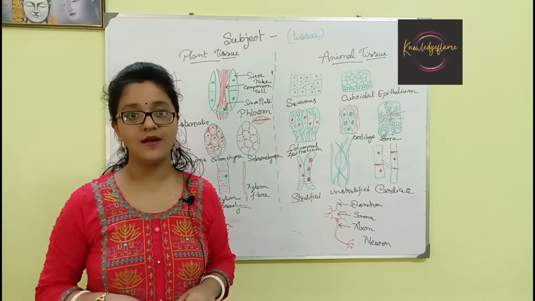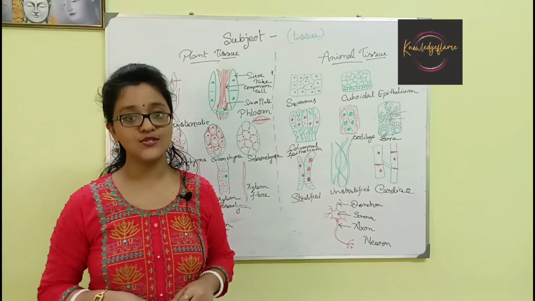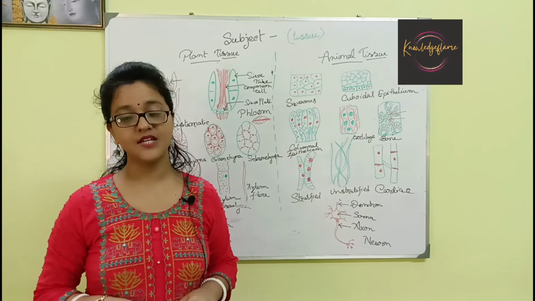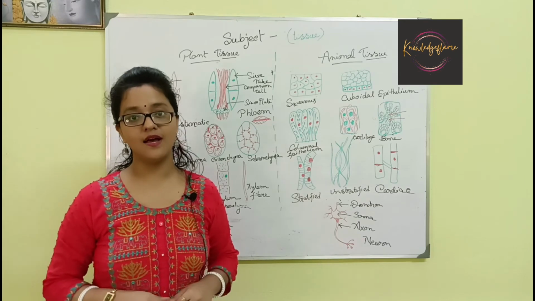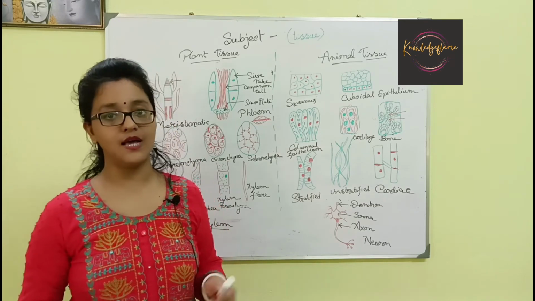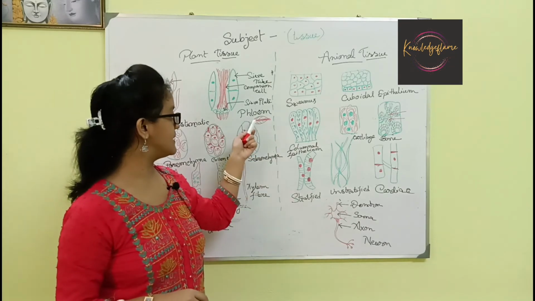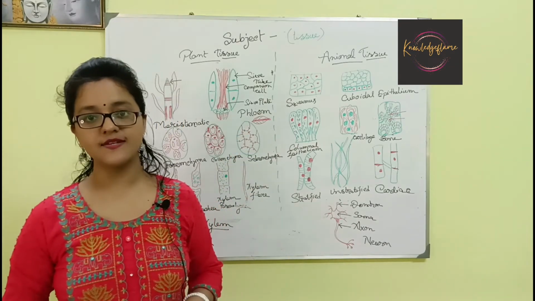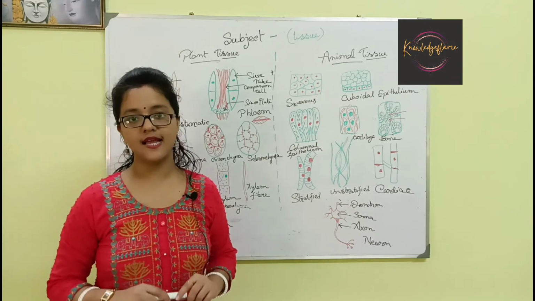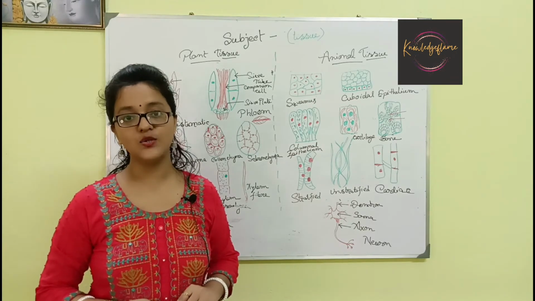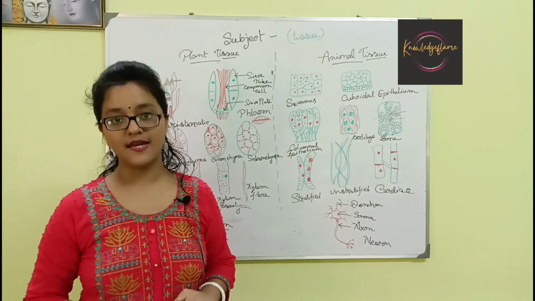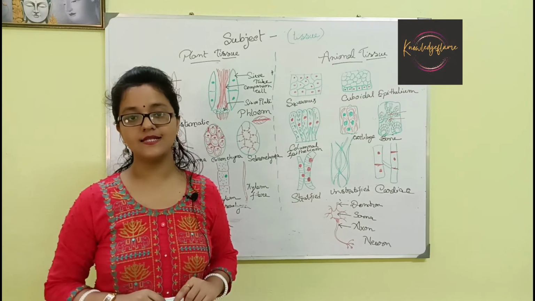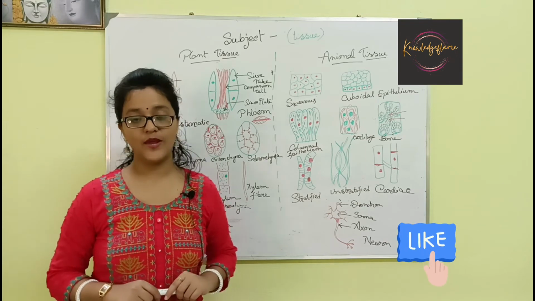Sometimes parenchyma is responsible for storing food materials, nutritive materials. On the other hand, collenchyma is found in the mid-rib of the plant leaf. Here it is, the mid-leaf. This collenchyma has a specific type of cell wall, and the cell wall is deposited with cellulose, hemicellulose, and pectin, and the intercellular space is not large here.